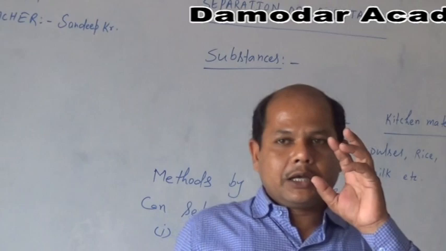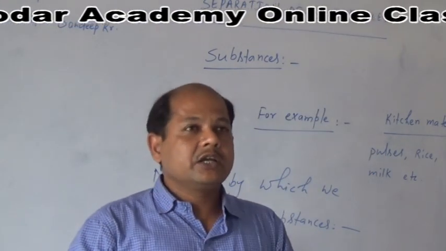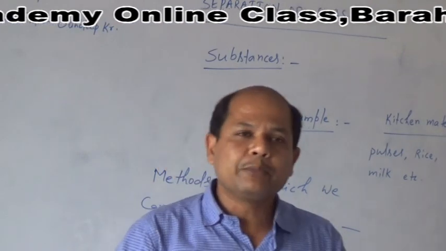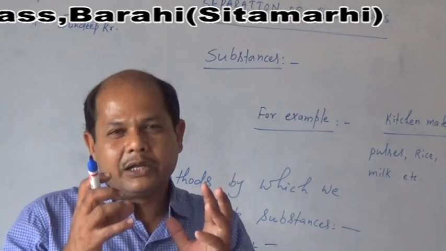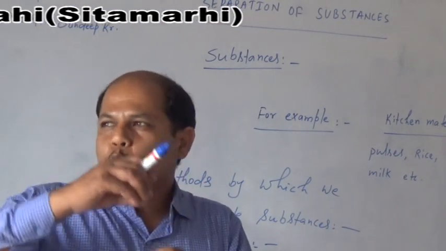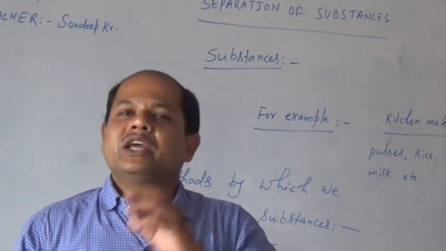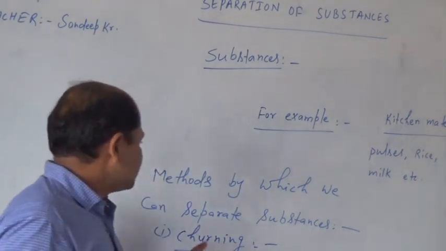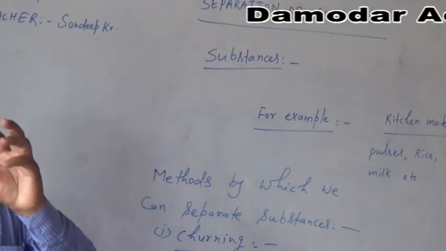You can understand it in the next class, in senior classes. Here you have to understand that when we rotate milk at high speed, we can separate butter from the milk. That process is called churning.